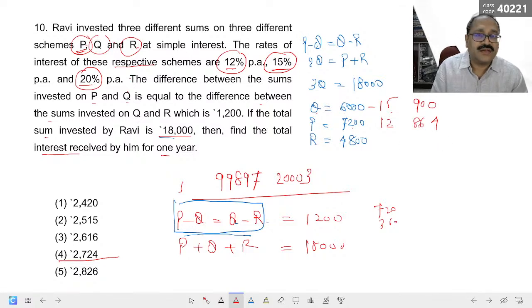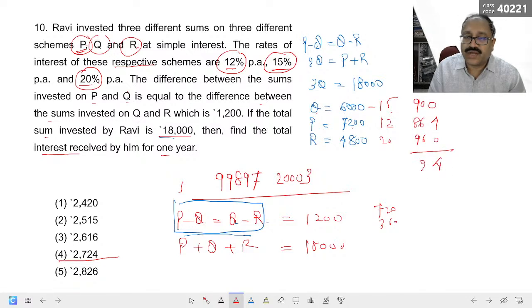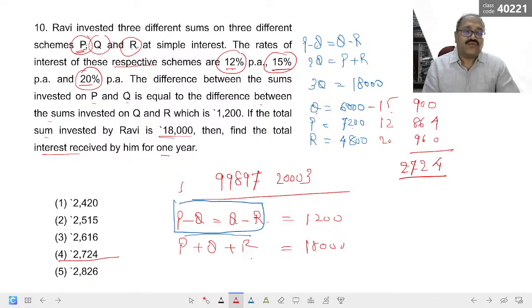Then coming to R, the last one, it is 20%, which is 96 and 0. Then adding, this is 4, and this is 12 carry 1, 9, 10, 27. Now 2724 is the answer, option 4. Okay Anusha, well done.